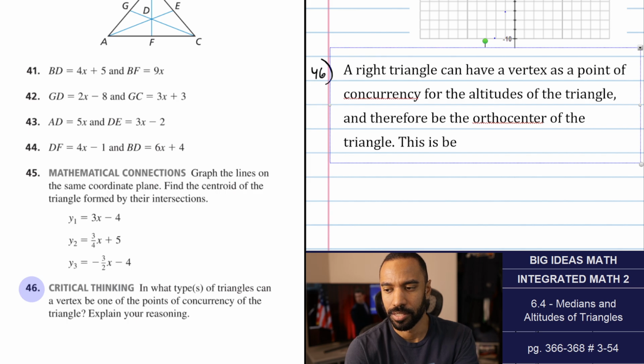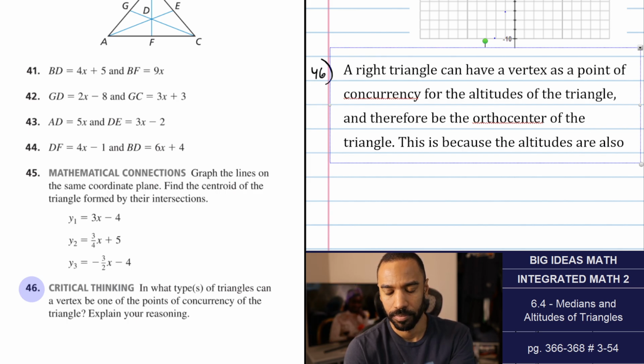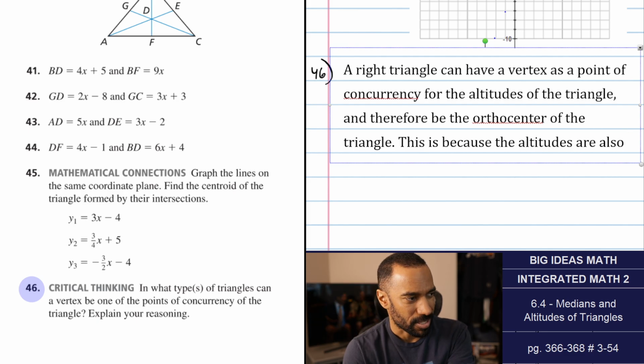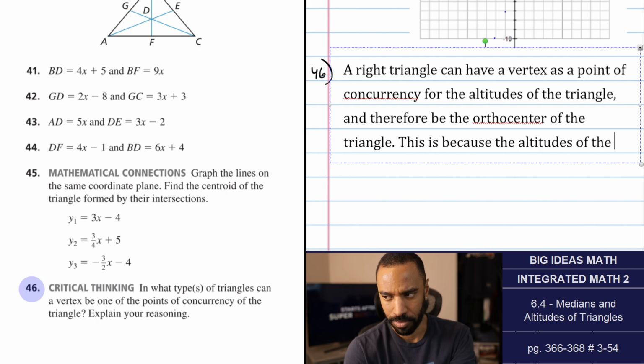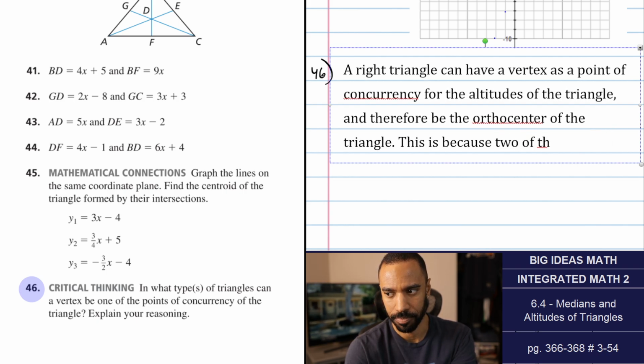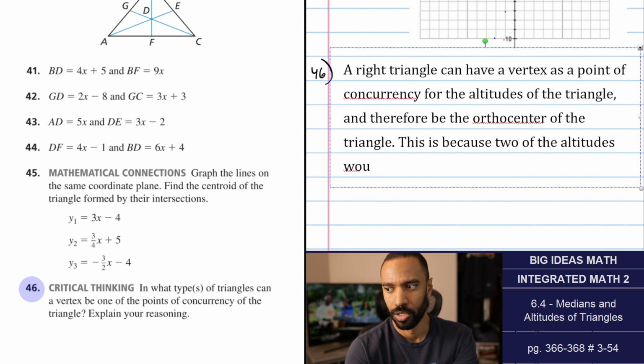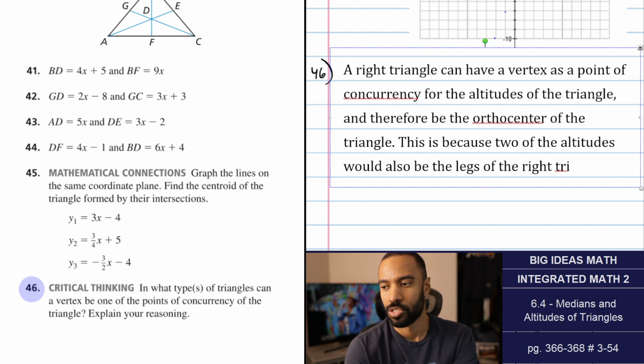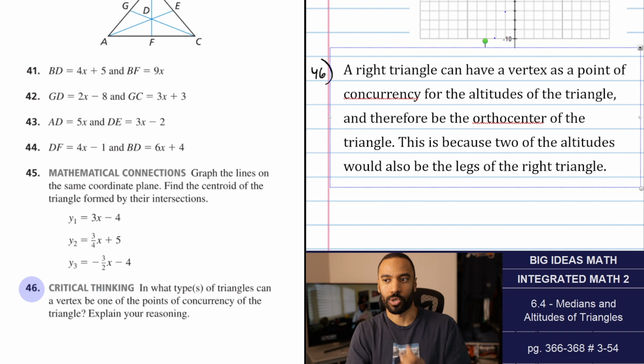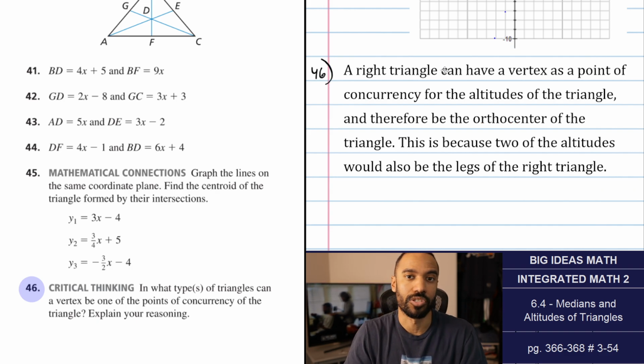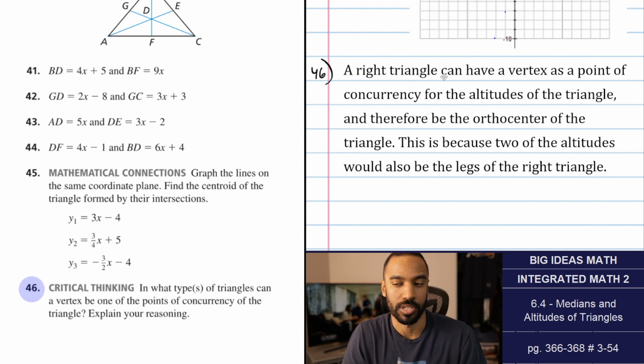This is because two of the altitudes would also be the legs of the right triangle. So they intersect. A right triangle has a right angle, and so those altitudes are also the same as those legs.